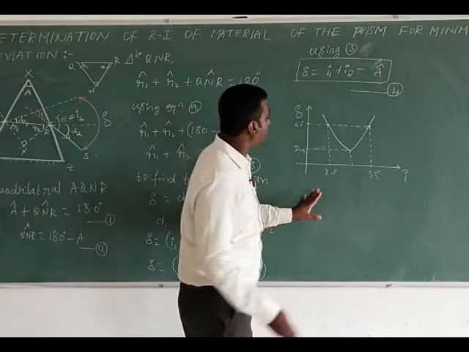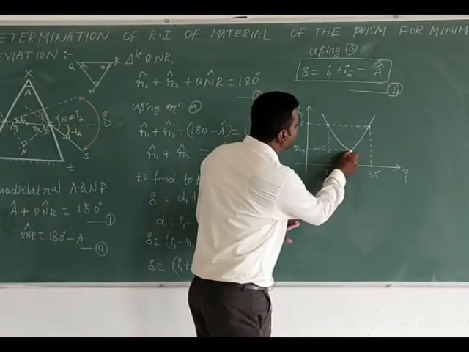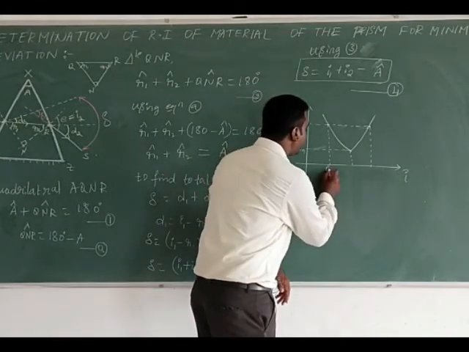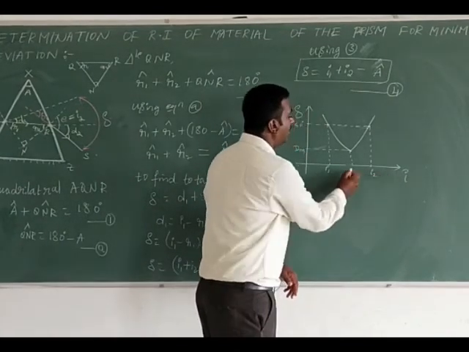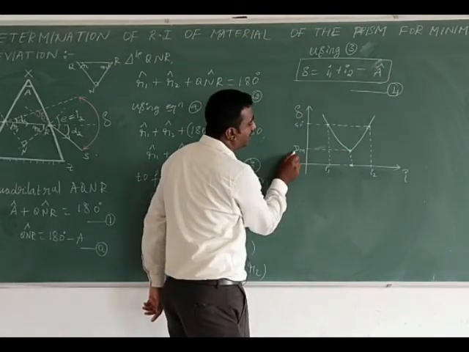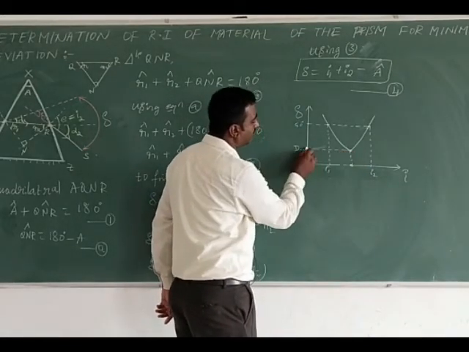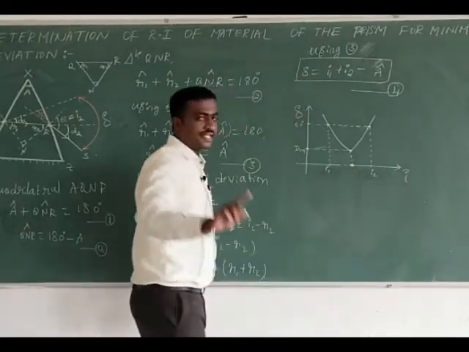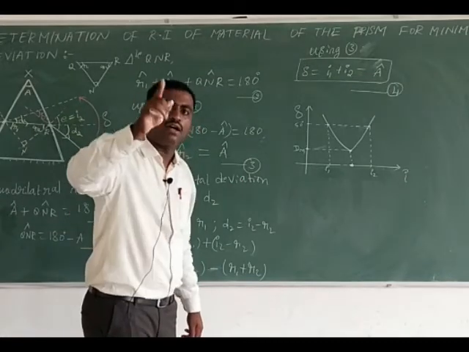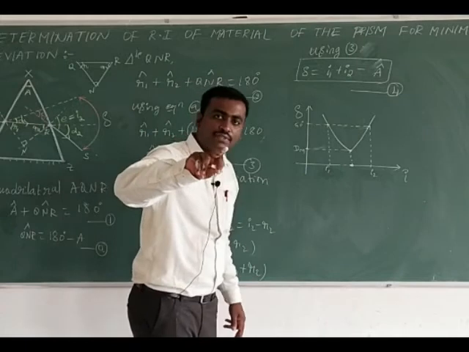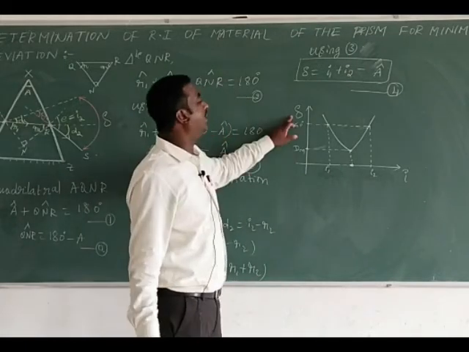But at the minimum deviation, there is only one value for the minimum deviation and only one angle of incidence. Other than minimum deviation, there are two angles of incidence for every angle of deviation.